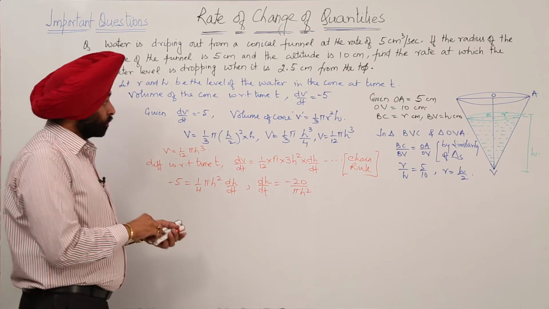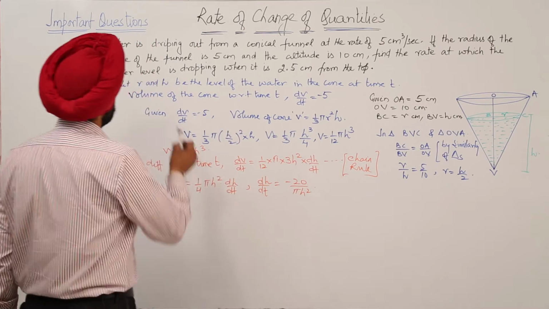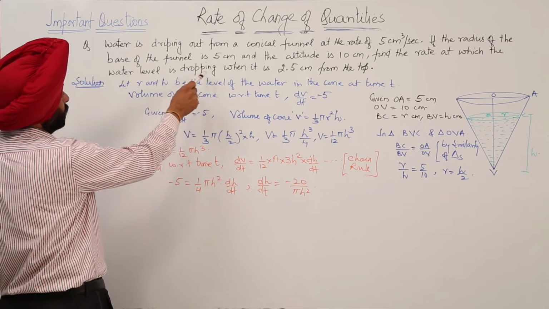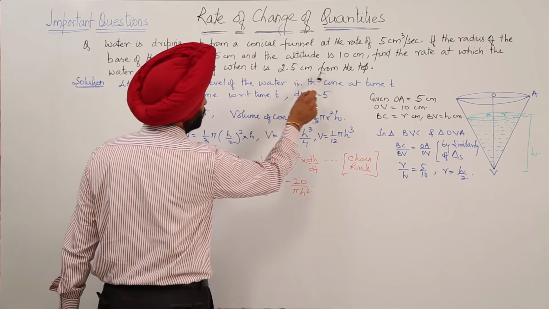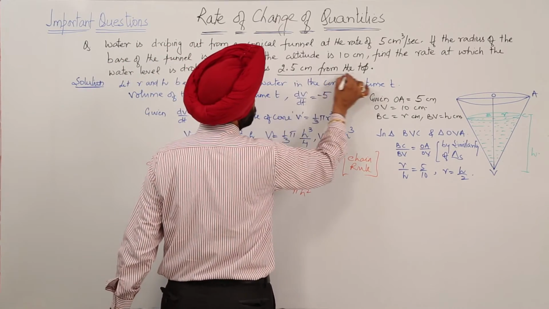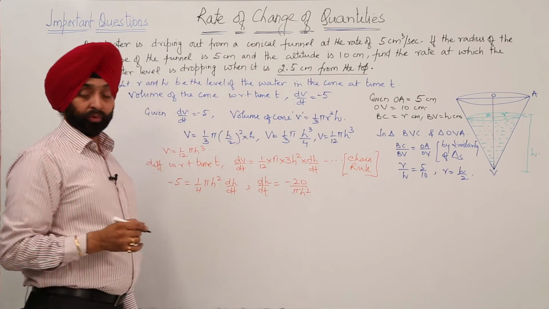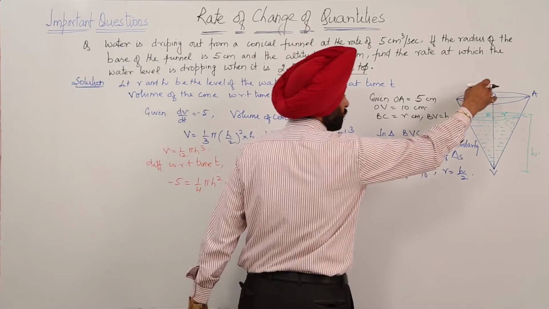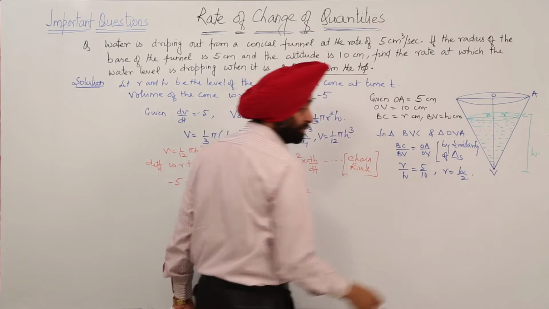Okay, now one more thing, read carefully. Find the rate at which the water level is dropping when it is 2.5 centimeter from the top. Read very carefully the question. 2.5 centimeter from the top. It means when from here it is 2.5 centimeter, what is this then?